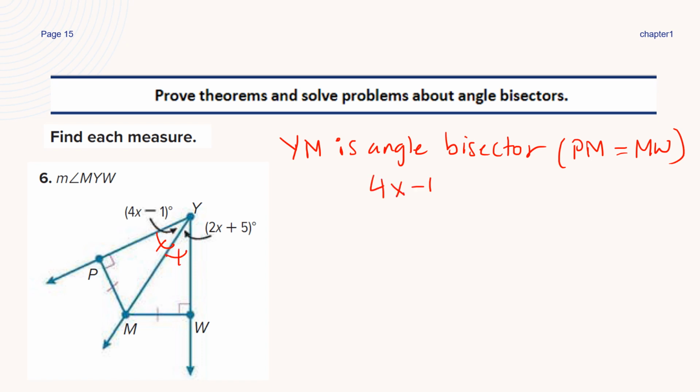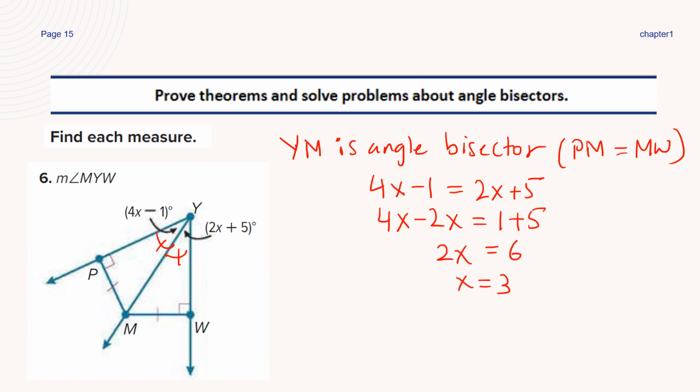So 4x minus 1 is going to be 2x plus 5. Simplify, calculate x on one side, numbers on the other side. So this is 6. 2x is 6, so x is 3. Now which value you need? You need measure of angle MYW.